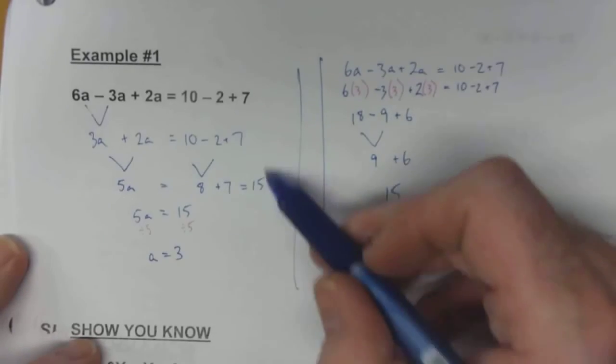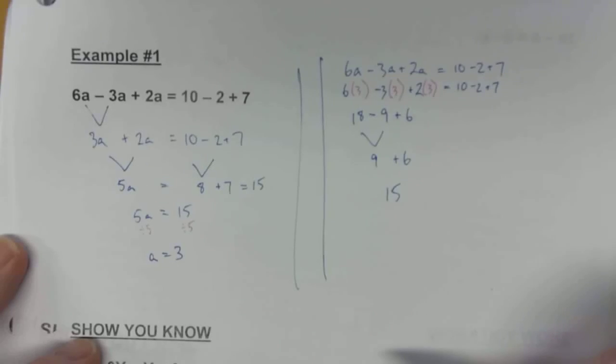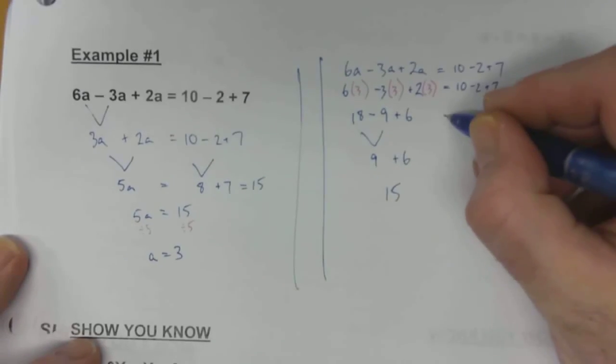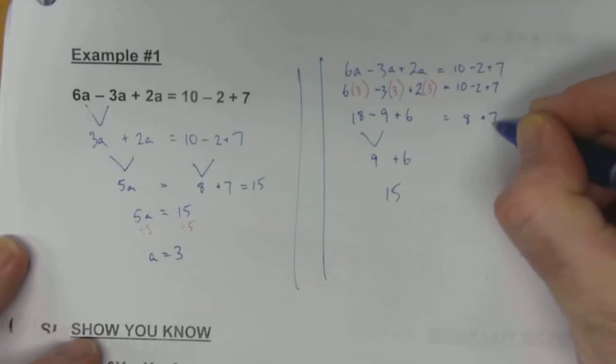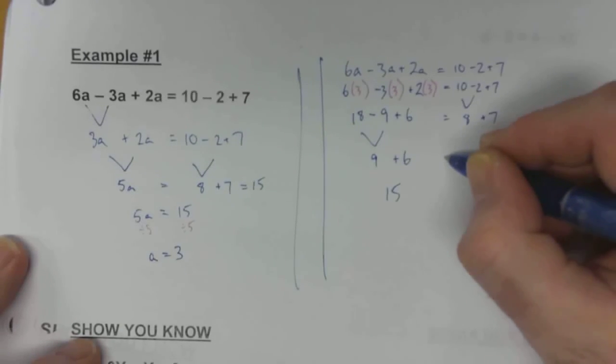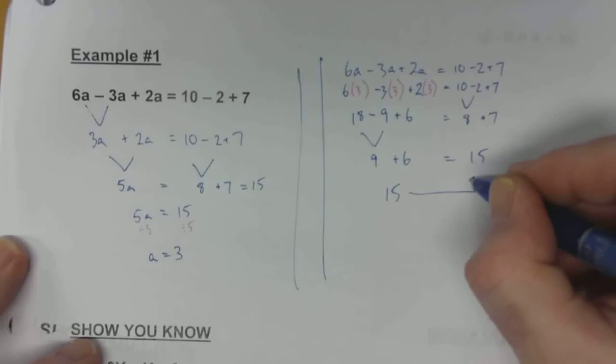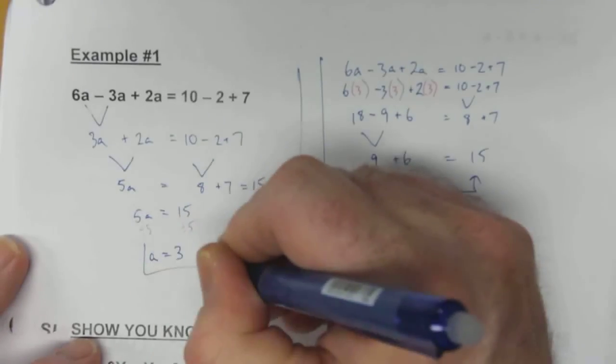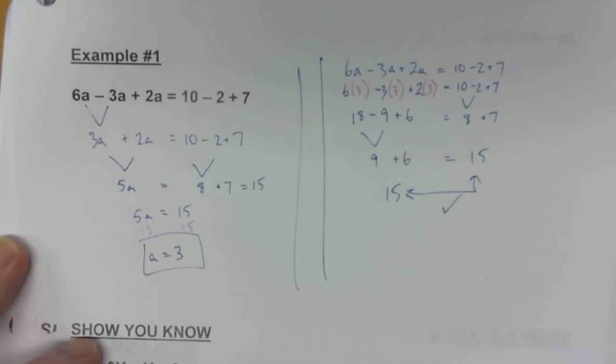Well, as we did over on the first column here, the right-hand side did equal 15. So again, 10 minus 2 is 8. And then 8 plus 7 equals 15. So those two match. So we have confirmed that a does in fact equal 3.